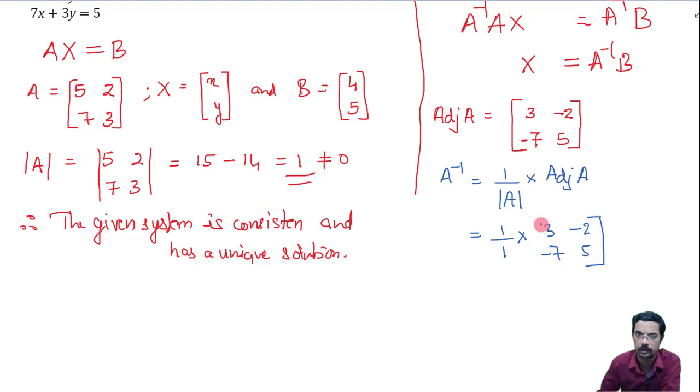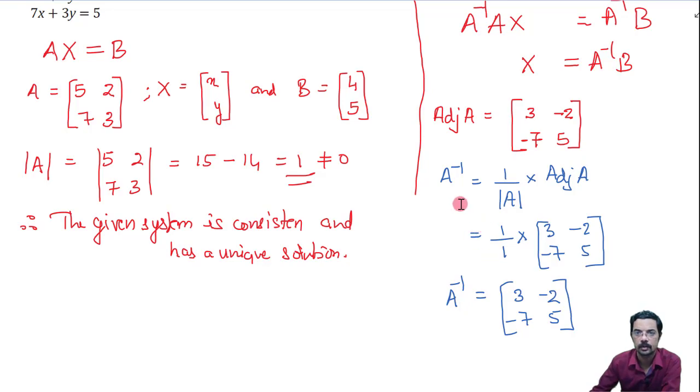So finally A inverse is nothing else but 3, minus 2, minus 7 and 5. This is A inverse.